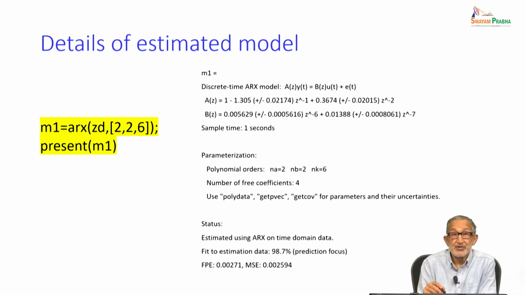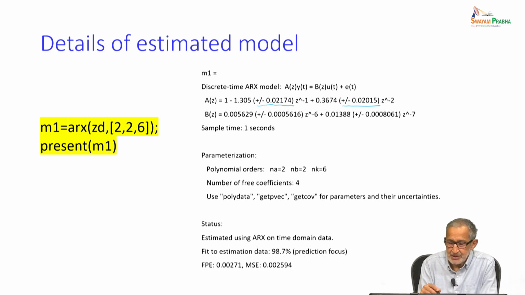The coefficient that is estimated is 1 minus 1.305 z to the minus 1, and here is the standard deviation, plus or minus 1 standard deviation on this estimate. The second coefficient is 0.3674 with the corresponding standard deviation.